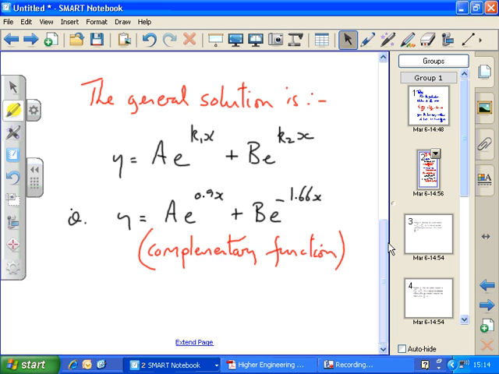And that's what we did. That's what last week was about, in a way, looking for that general solution. Now, we want to go a step further and find a particular solution using the initial conditions to find the values of a and b.